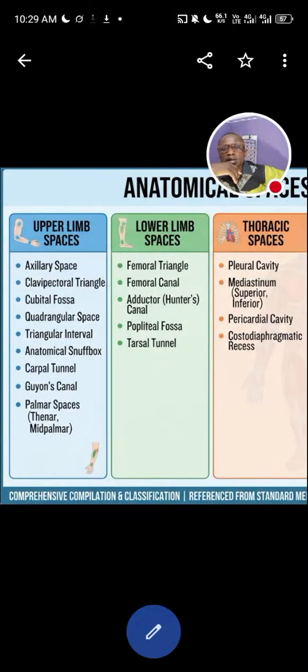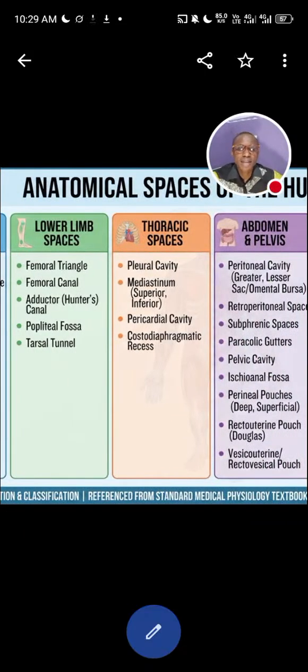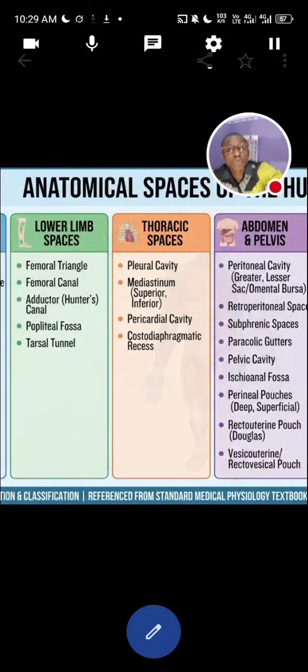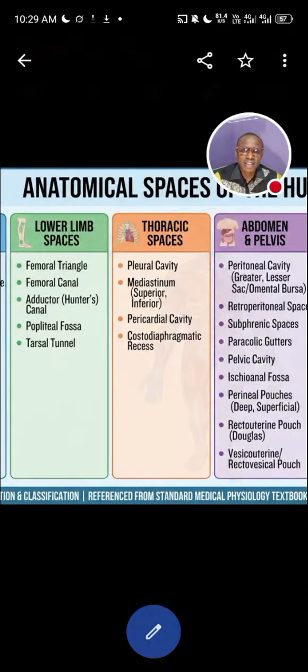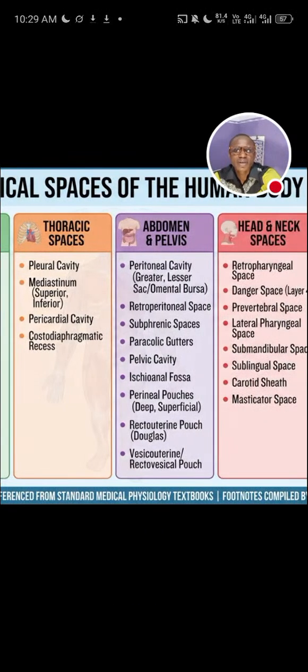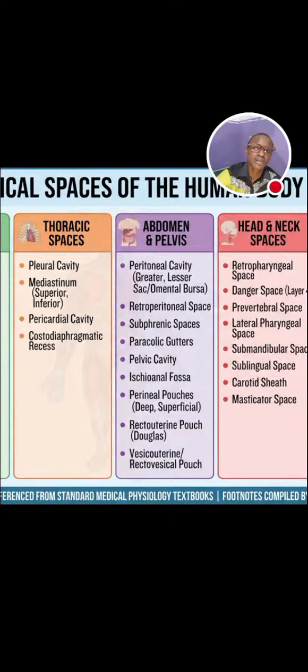Next we have thoracic spaces: the pleural cavity, and we've been doing pleural. If you have not watched the video on pleural, go check it out. Then mediastinal spaces, pericardial spaces, and costodiaphragmatic recesses. Recess and space, we'll talk about the recesses.